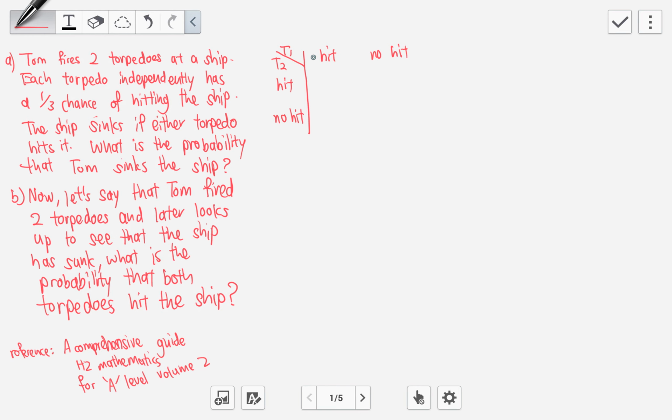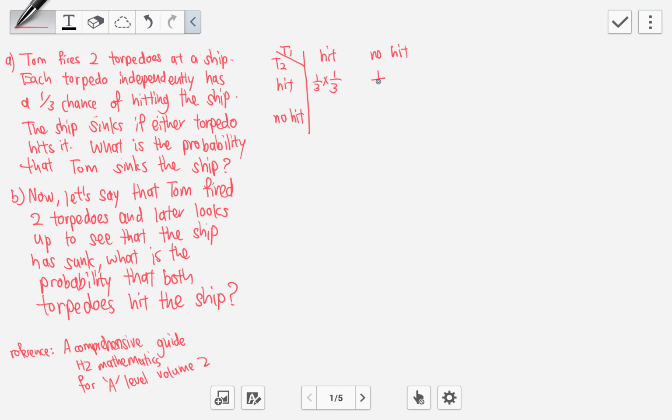So let's write out the probability of each first. For this one, the probability of both hitting is 1/3 multiplied by 1/3, because they are independent, right? Independent means the probability would multiply together. Like no hits, one of them hits but one of them does not hit.